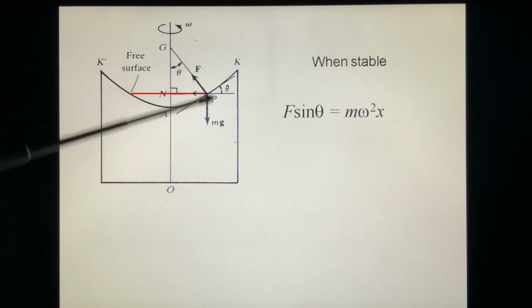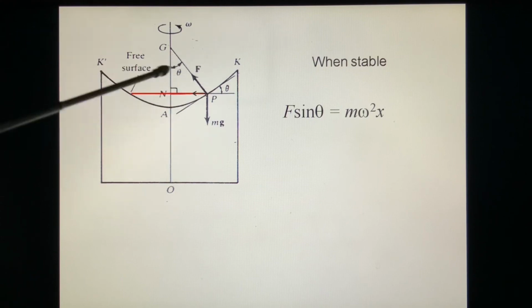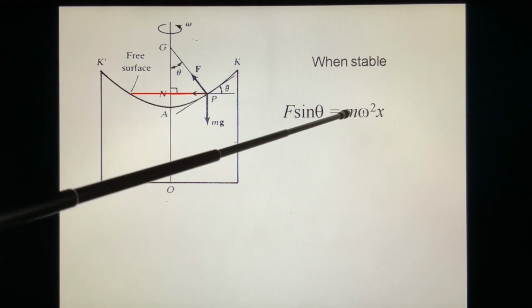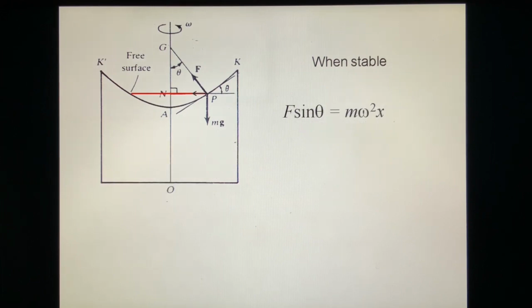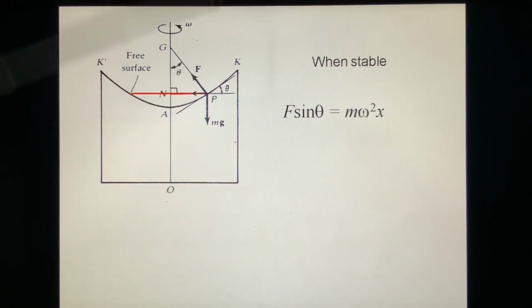Under these two forces, it rotates with a uniform angular velocity. So it has centripetal force m omega squared x, and this force is provided by F and mg.